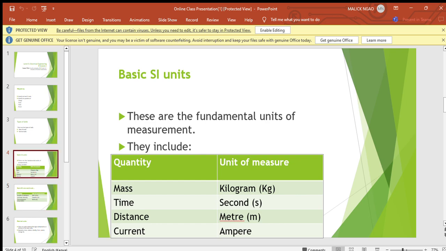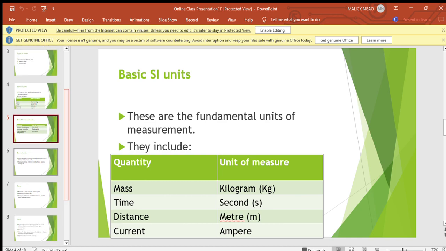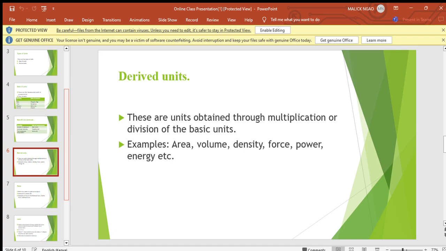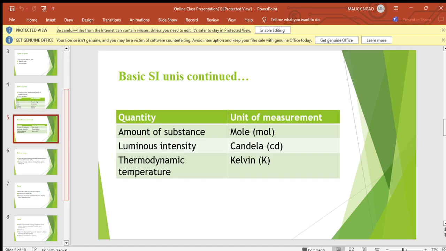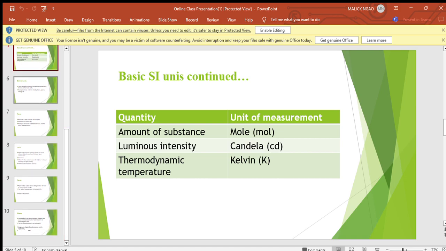Amount of substance is normally measured in moles. The luminous intensity is measured in candela. And finally, we have the thermodynamic temperature, which is measured in Kelvin.